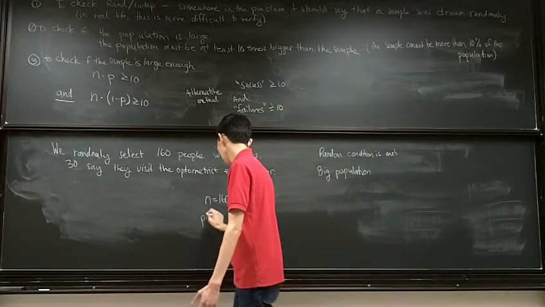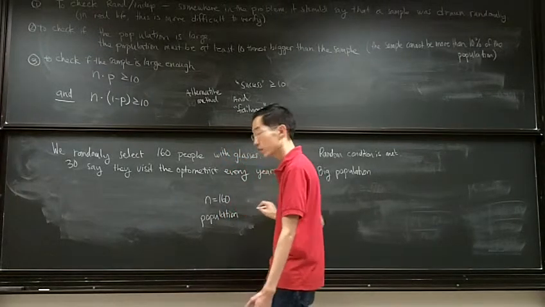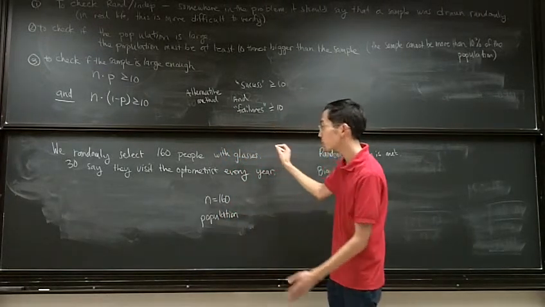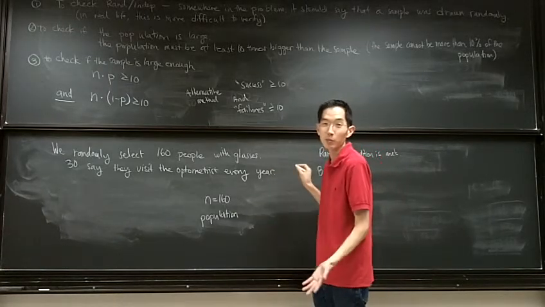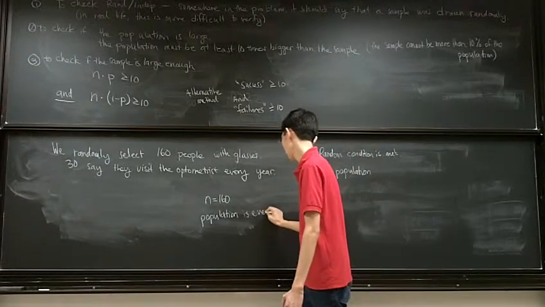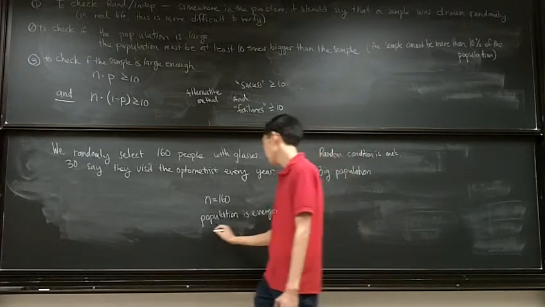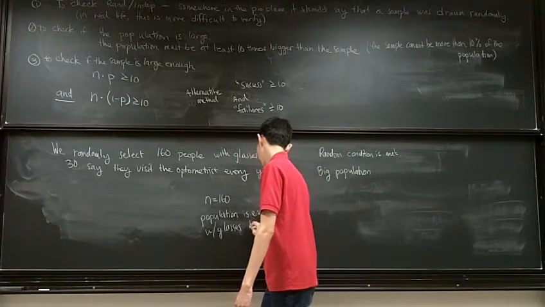So if it doesn't specify, then the population would be everyone who could possibly be considered. Okay? So the population is everyone with glasses that can be considered.